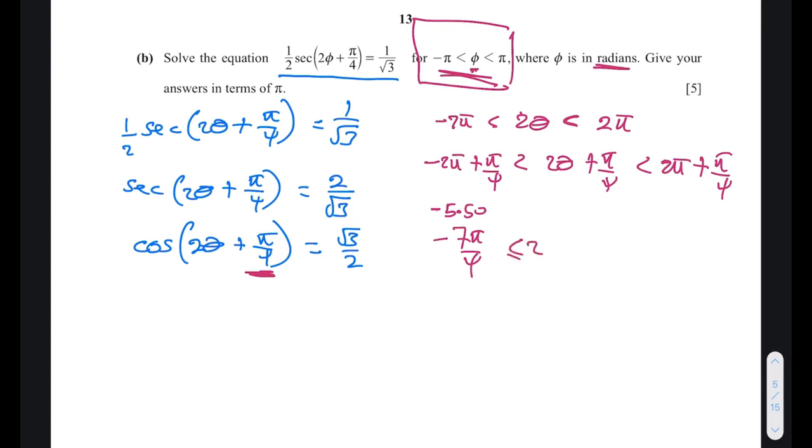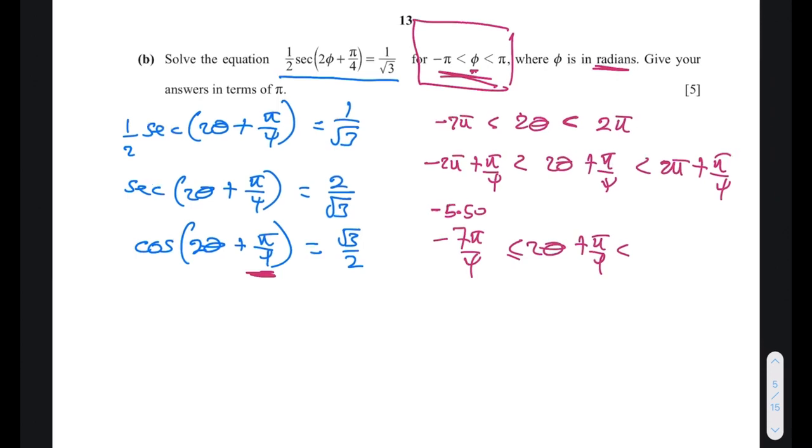And then we have our 2 pi plus pi on 4. That gives us 9 pi on 4, so that is like 7.07, something like that.